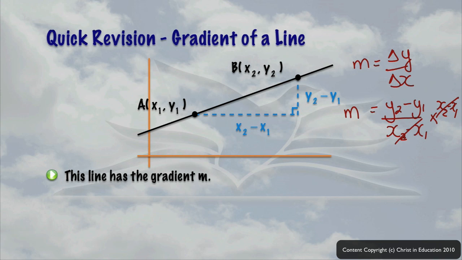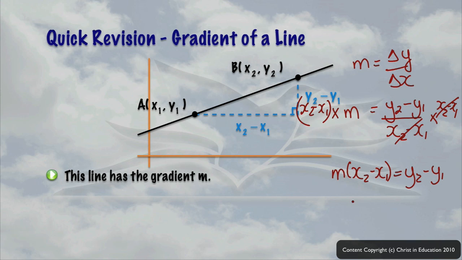But remember, whatever I do on the right-hand side of the equal sign, I have to do on the left. So I'm going to multiply by x2 minus x1 on the left-hand side. Let's tidy that up a little bit. So I have m(x2 minus x1) equals y2 minus y1.